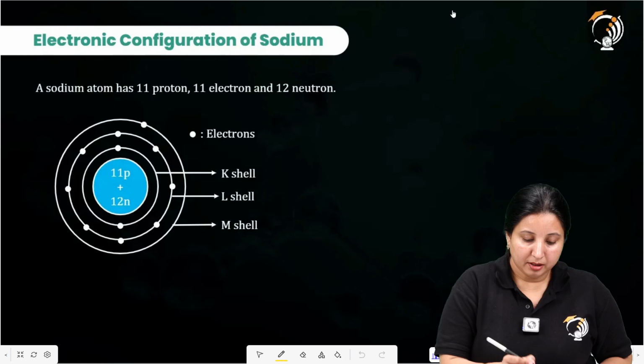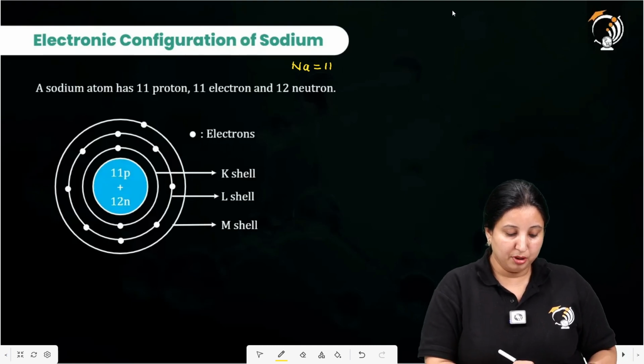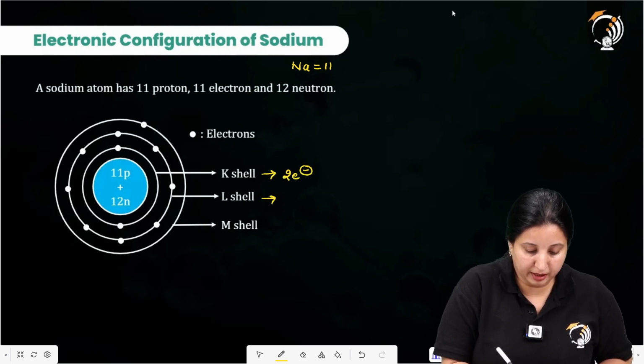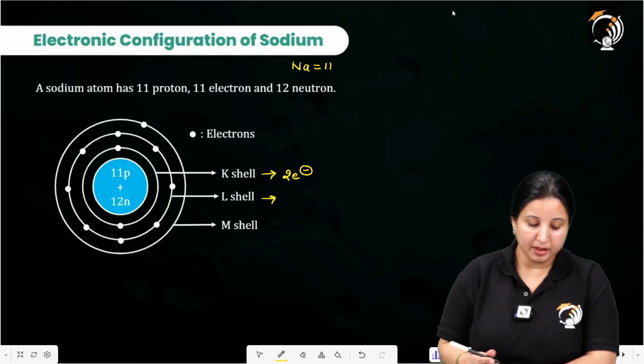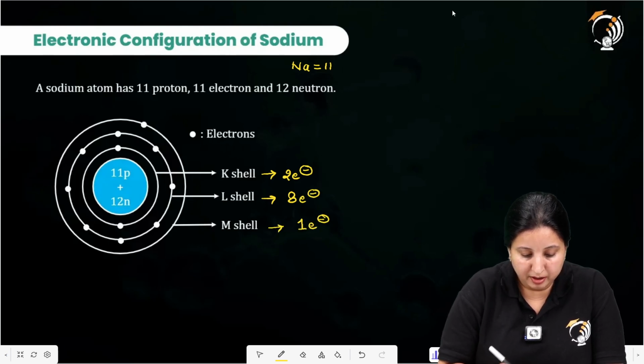Sodium. Now sodium is represented by Na and its atomic number is 11. So if you look, we have mentioned in the K shell we have 2 electrons, then in the L shell we have 8 electrons, and in the M shell we have 1 electron.